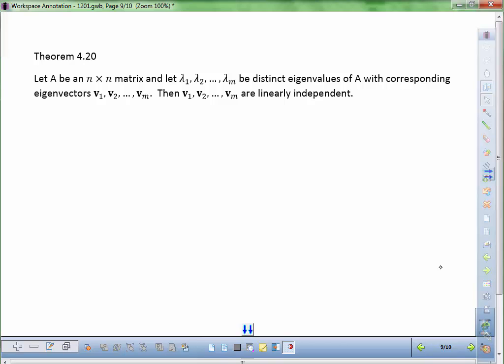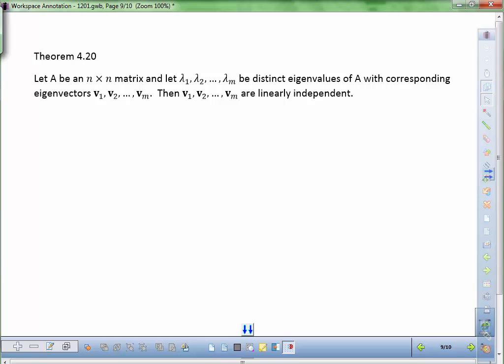This becomes a little bit significant when we're dealing with finding the eigenspaces. It turns out that if you're finding eigenspaces for each of these eigenvectors, they're all going to be different spaces, and when you put them all together, they're all going to be linearly independent.